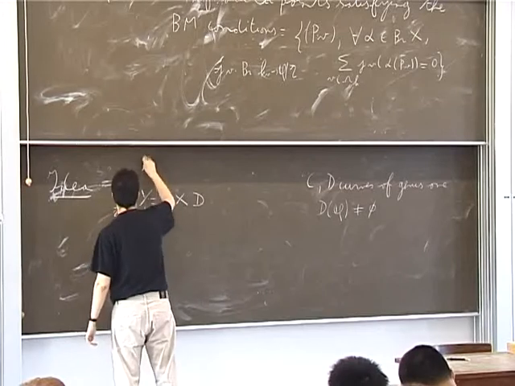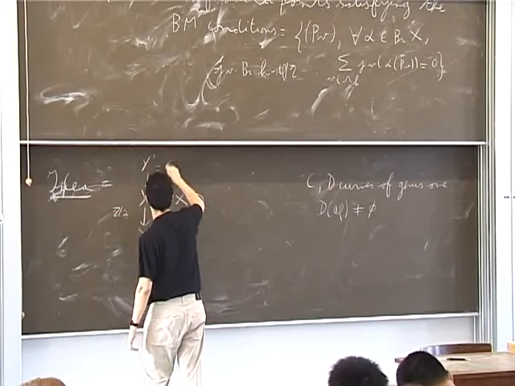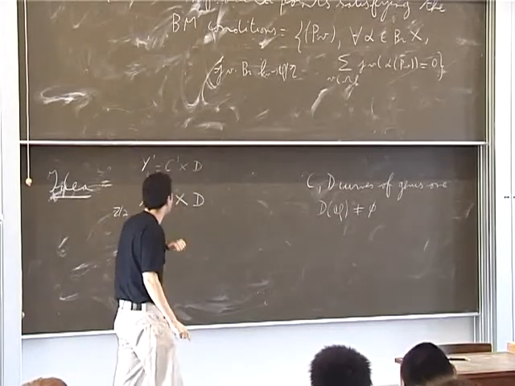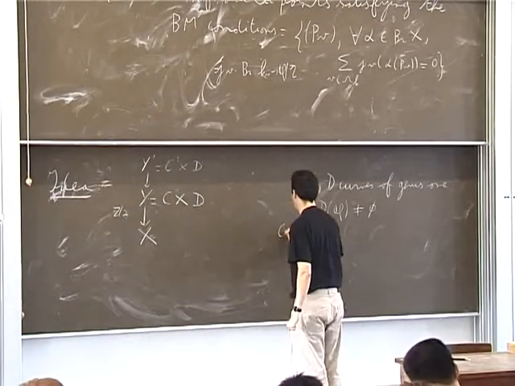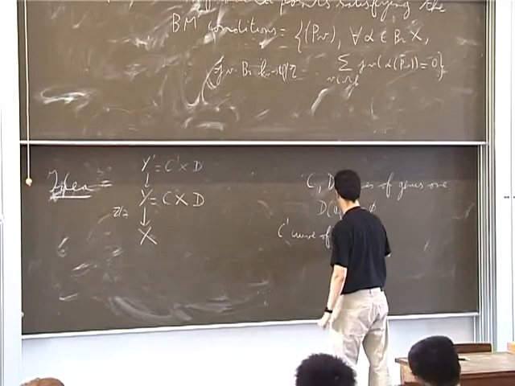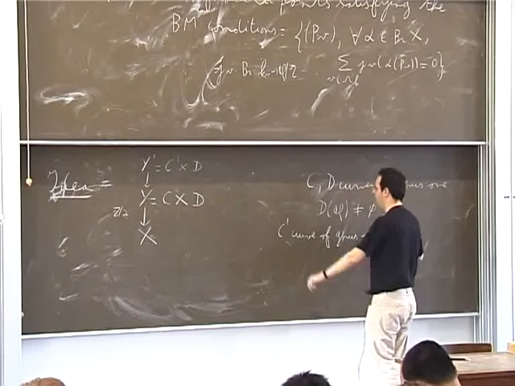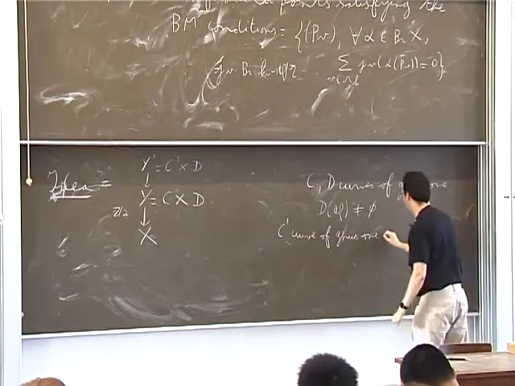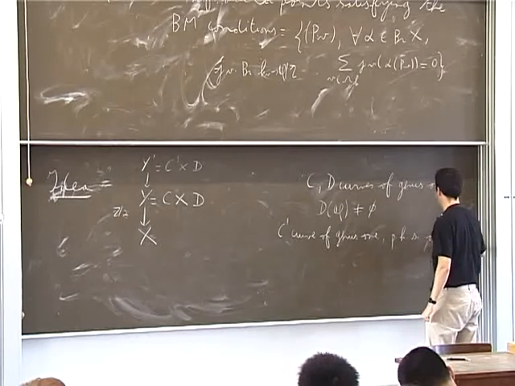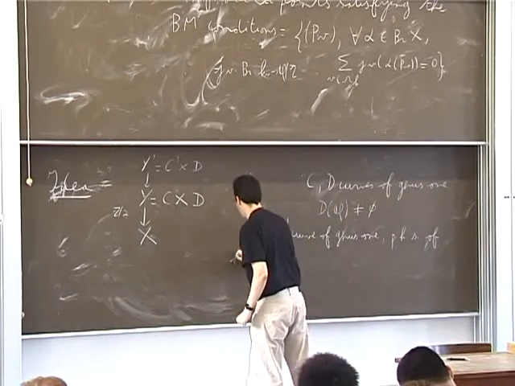And you have another covering, Y', which is C' cross D, where C' is another curve of genus 1. Actually, C' is obtained as a principal homogeneous space of an elliptic curve E.